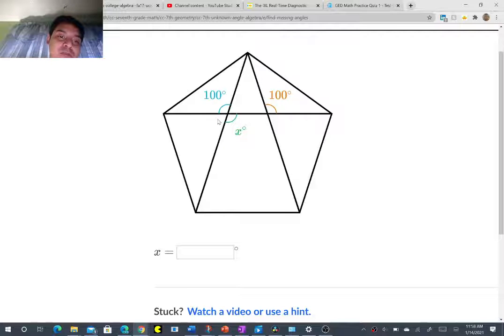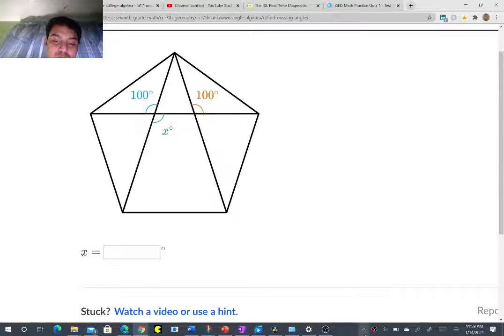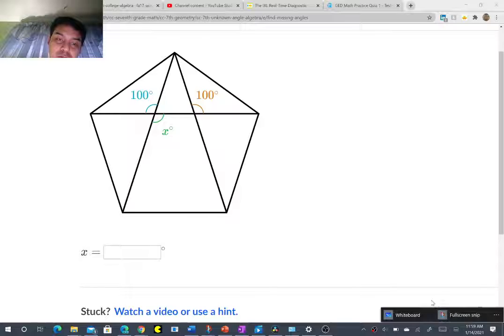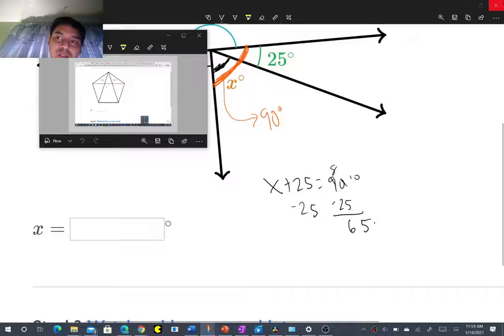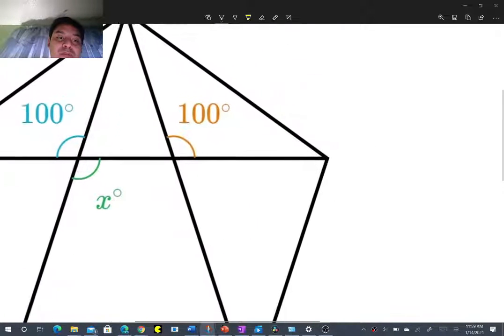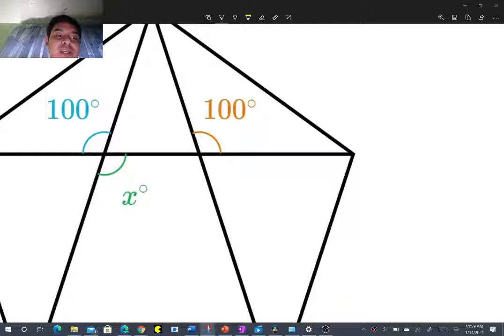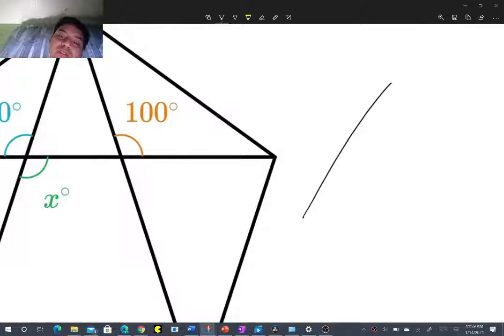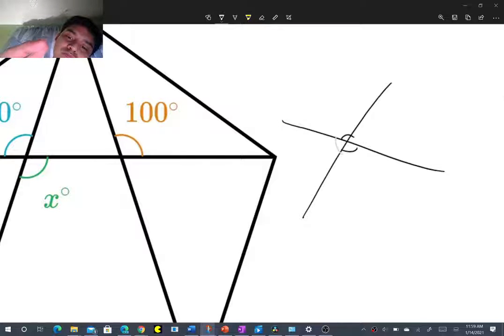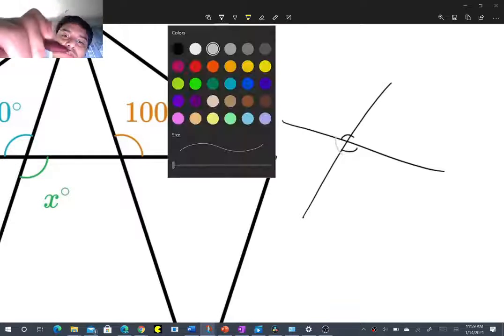So remember when I said about vertical angles, how if there are two lines that intersect, that means that these two are equal. Let me make it a different color.